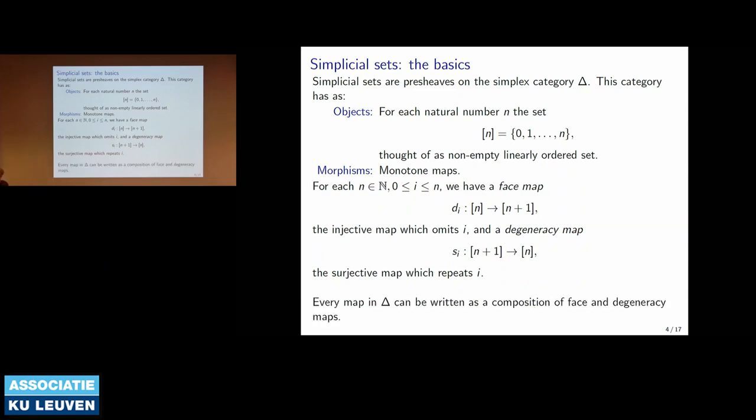In fact, every morphism in delta can be written as a composition of these two kinds of maps. Every map factors as a surjection followed by an injection. Every surjection can be written as a composition of degeneracy maps, and every injection as a composition of face maps. We can also prove that every surjection in this category delta splits.